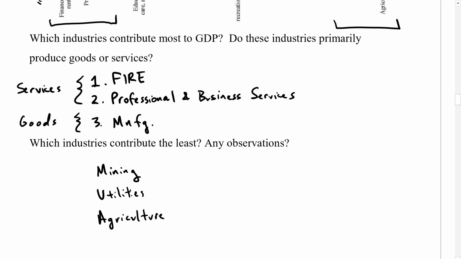One note I have on this, which I'll just point out and not write down: if we take some Bureau of Labor Statistics data from 2019, a commonly talked about industry in politics is sometimes coal mining in the United States.